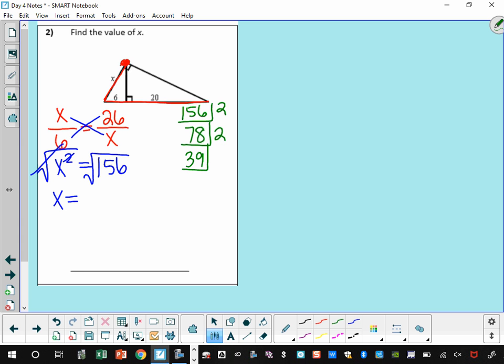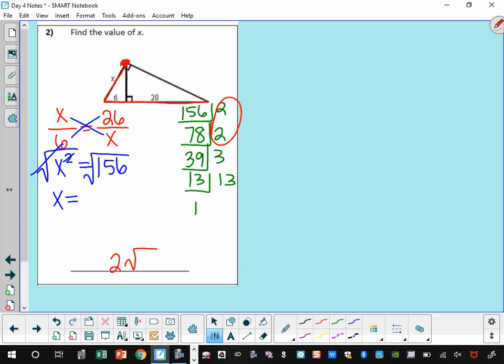What's the lowest number going into 39? 3. 39 divided by 3 is 13. The smallest number going into 13 is 13. If I divide, I get 1. That's when I stop. So I have a group of 2 that just comes out by itself.